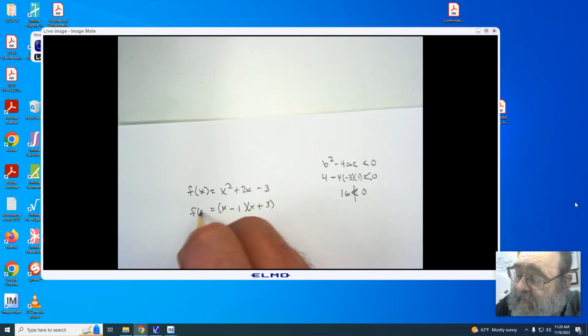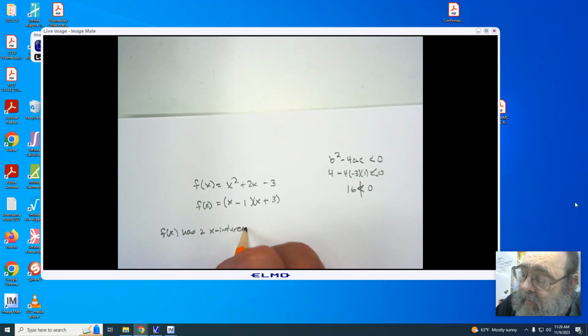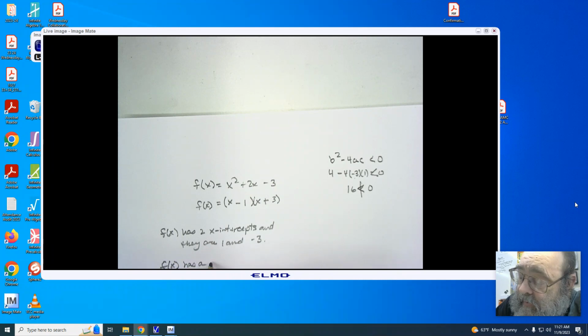I now have my f of x, and I can say f of x has 2 x-intercepts, and they are 1 and negative 3. F of x has a y-intercept of negative 3.